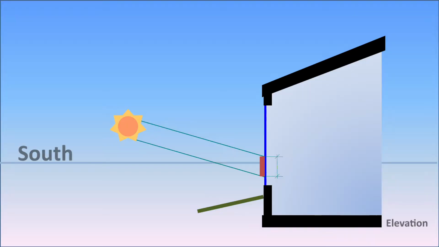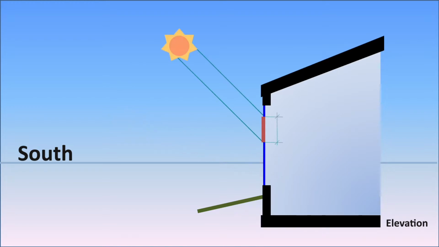In this sectional view, notice that when the low sun's radiation directly strikes the glazing surface, it is concentrated over a small area, making it intense, while in the summer, that same radiation striking the surface from a high angle spreads the radiation over a larger area, making it less intense.